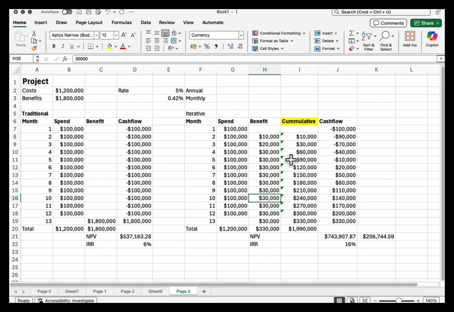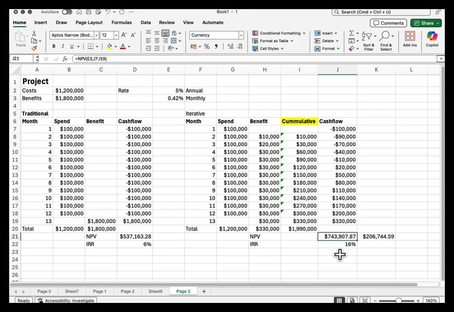But our cumulative benefits here, because each month we get the benefit of previous months, our cumulative benefits over this period is actually slightly more than we had in the previous model. It's 1.9 or $2 million there overall. And if you look at our cash flows, they are negative to start off with, but then they go positive, and our NPV valuation is a lot higher.